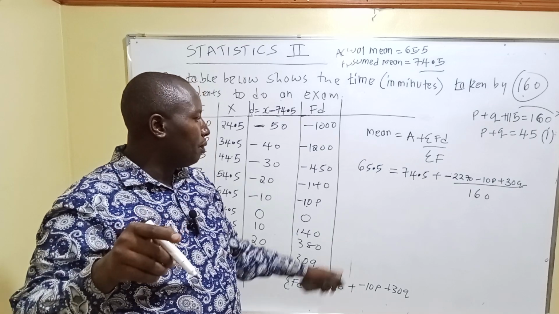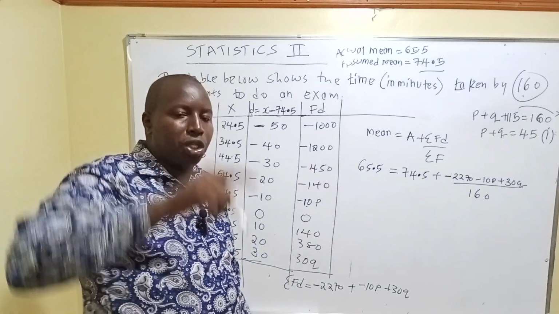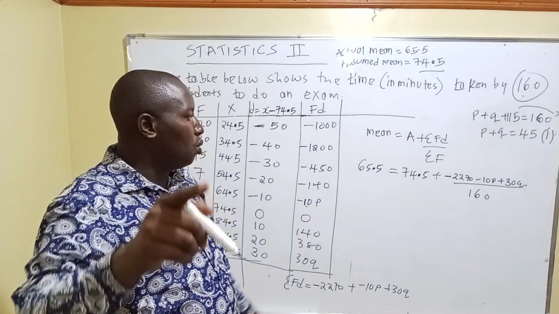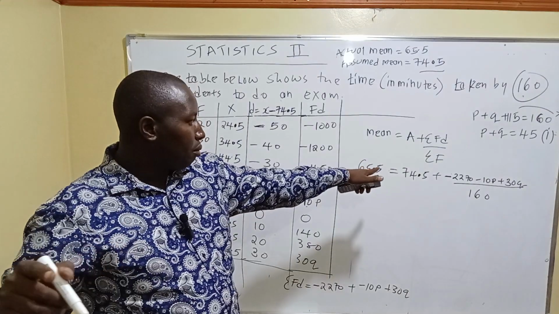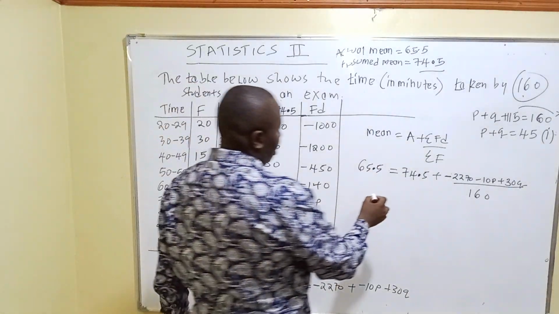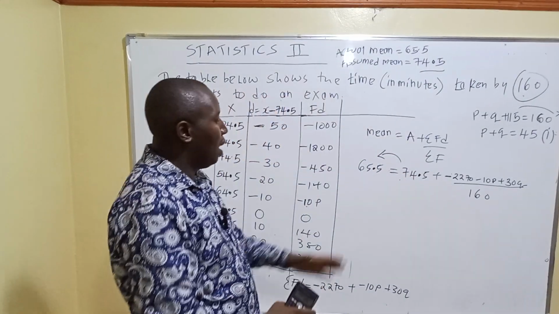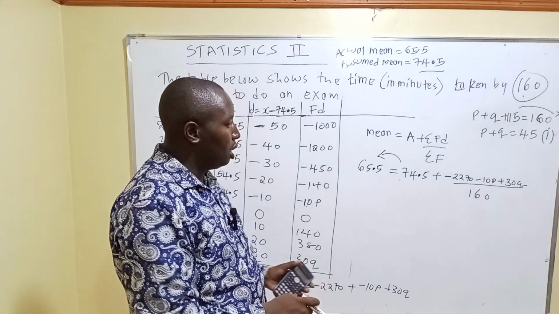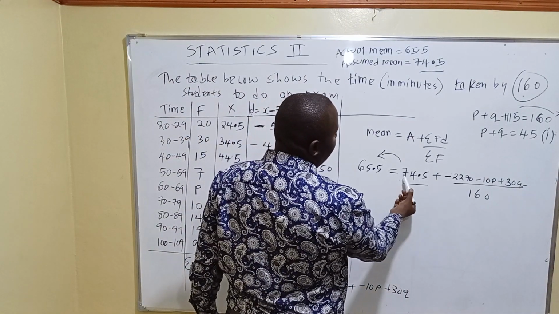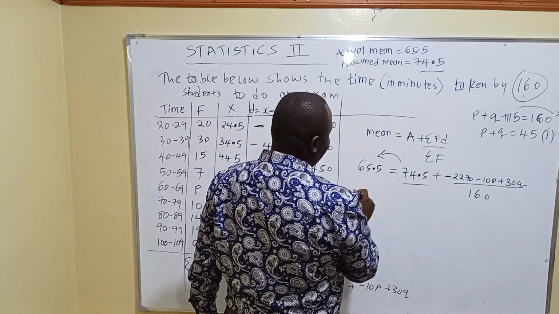So you want to find the values of P and Q. I'm using this method to find a second linear equation, because we already have the first one, P plus Q equals 45, so that we can now find the values of P and Q. Let's bring 74.5 to the left hand side. Because this is a positive value, you subtract 74.5 on this side, and you also subtract on this side.